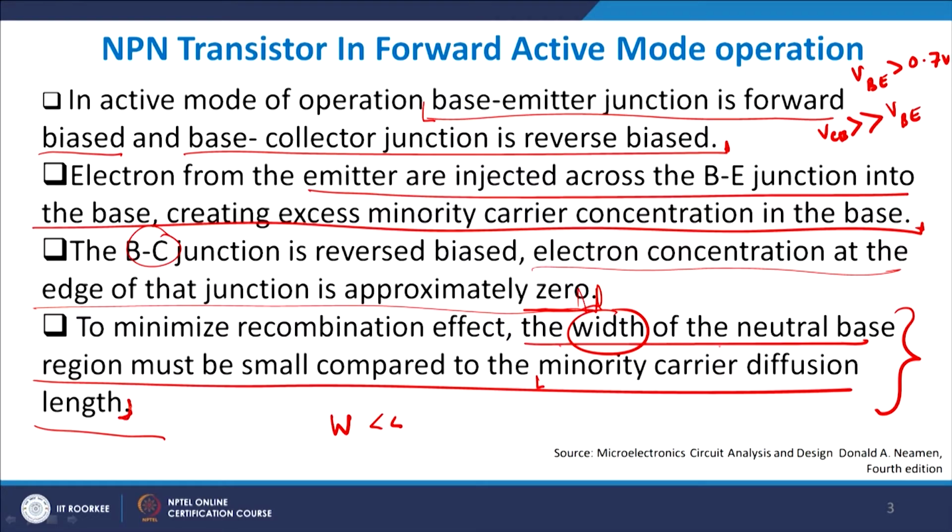What is the minority carrier diffusion length? We define diffusion length as the distance at which, because of recombination, the value of the minority charge carriers falls to 1/e of its maximum value.